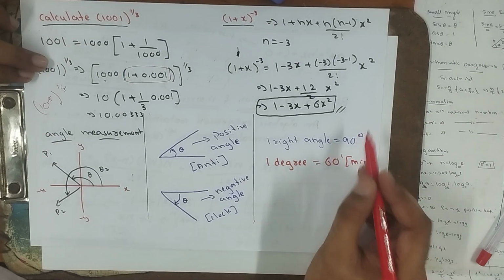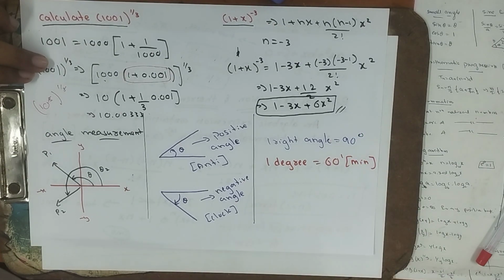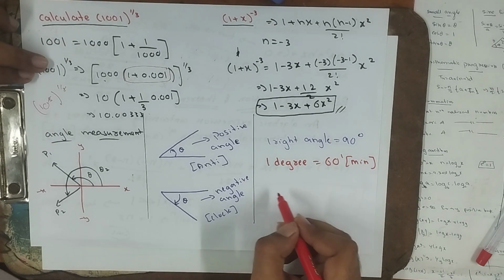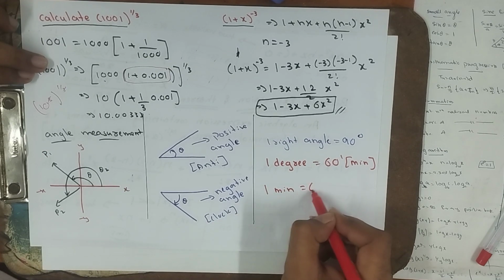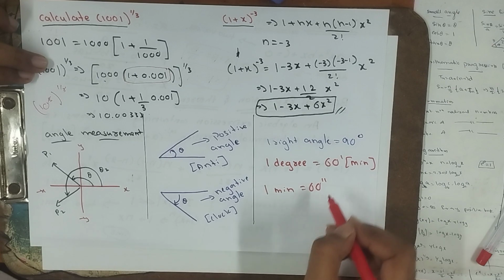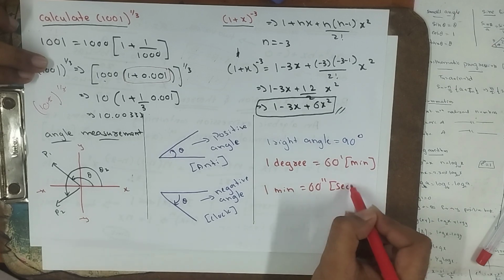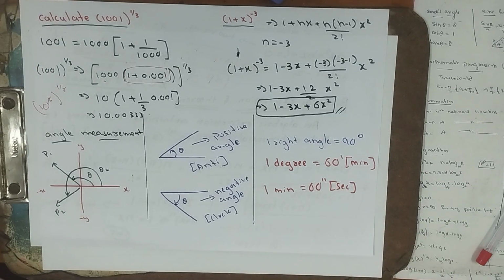Whenever you find a dot upside, it is a minute. 1 minute is equal to 60 seconds, and a double dot means seconds. These are all small basics, you need this.